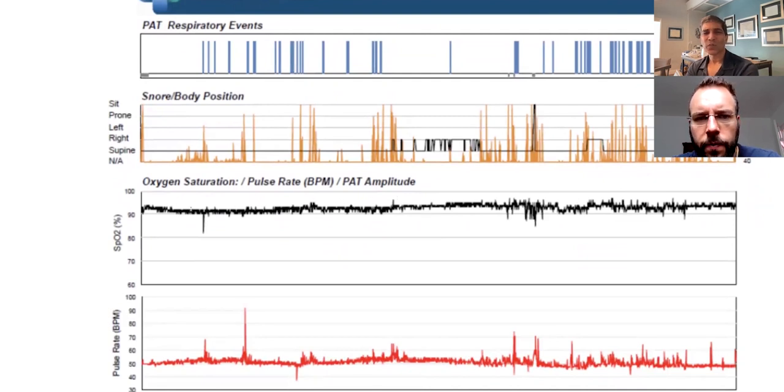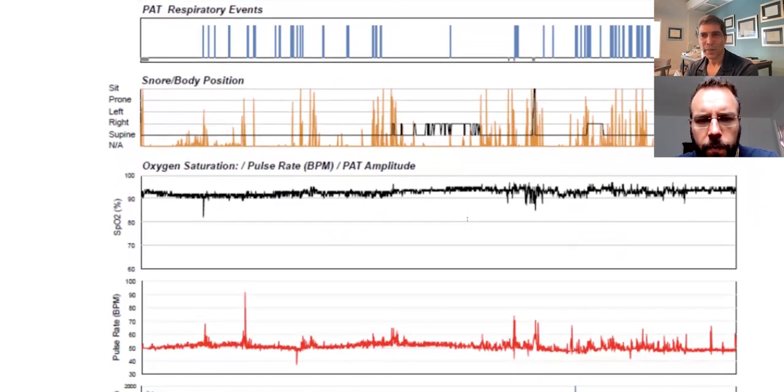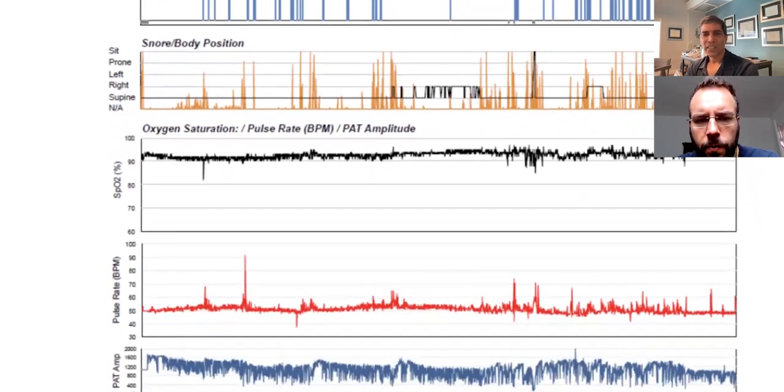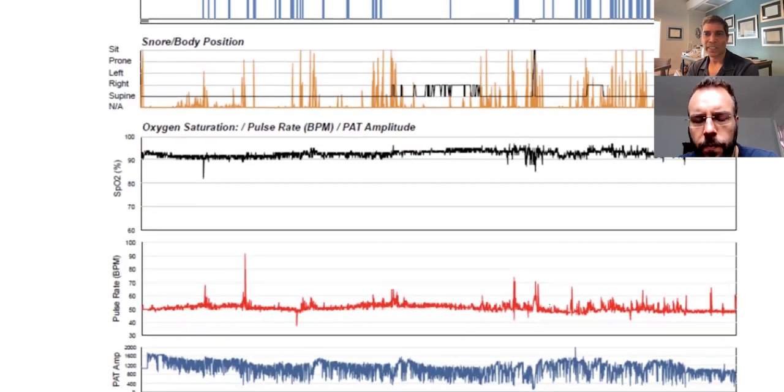It's hard to tell if that's real or not. That's why obviously you meet the patient, you get a history and all this other stuff, and if needed, you confirm that. And then the pulse, very little volatility, but also there wasn't much apnea, so maybe is it poor heart rate variability or is it just not as much apnea, right?